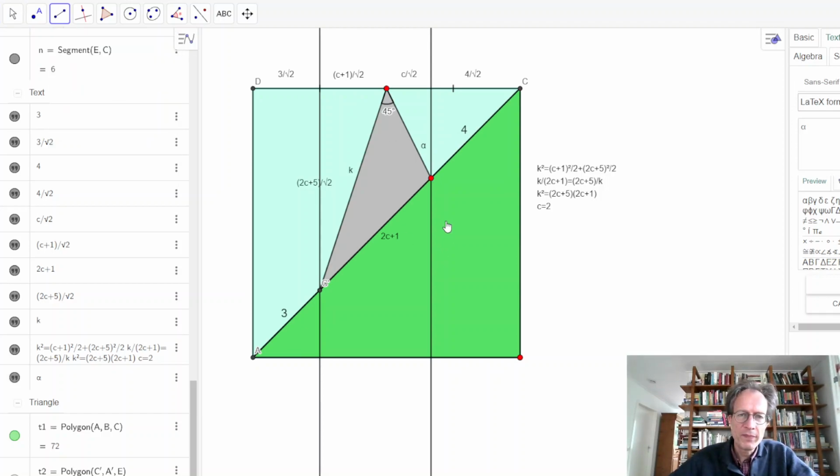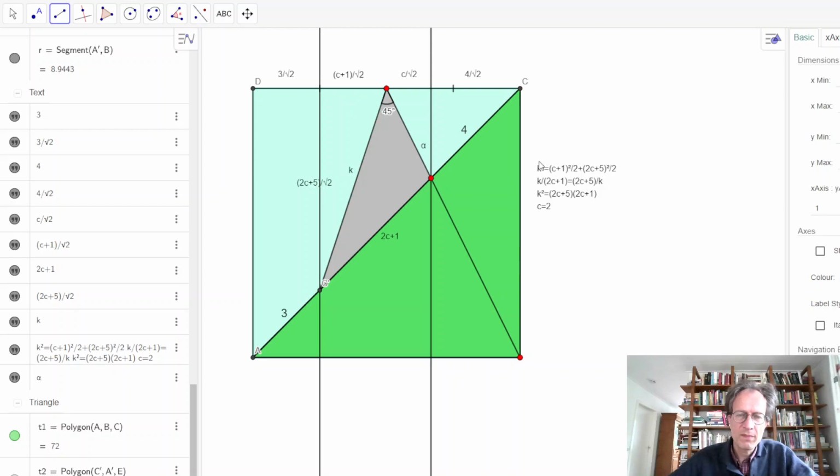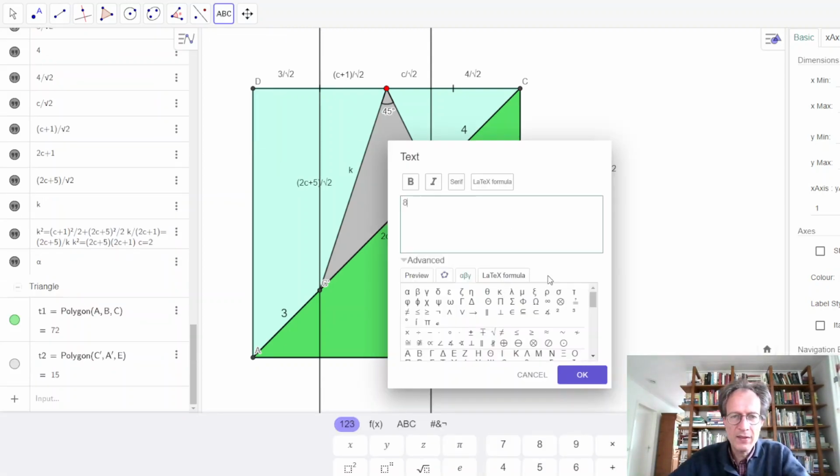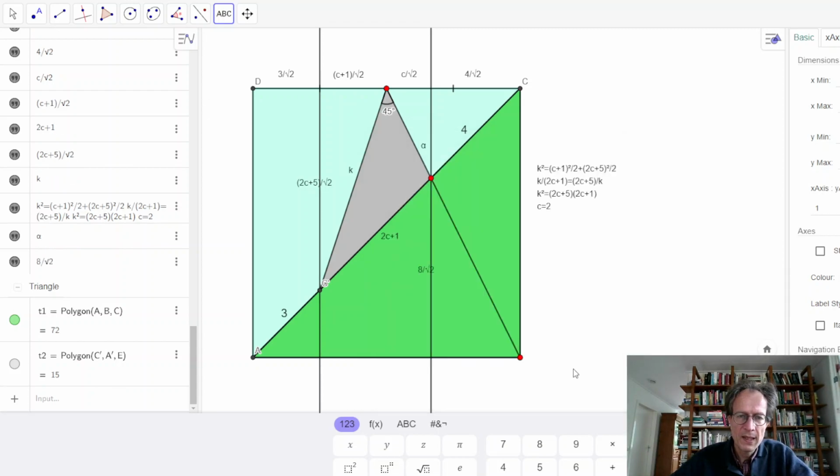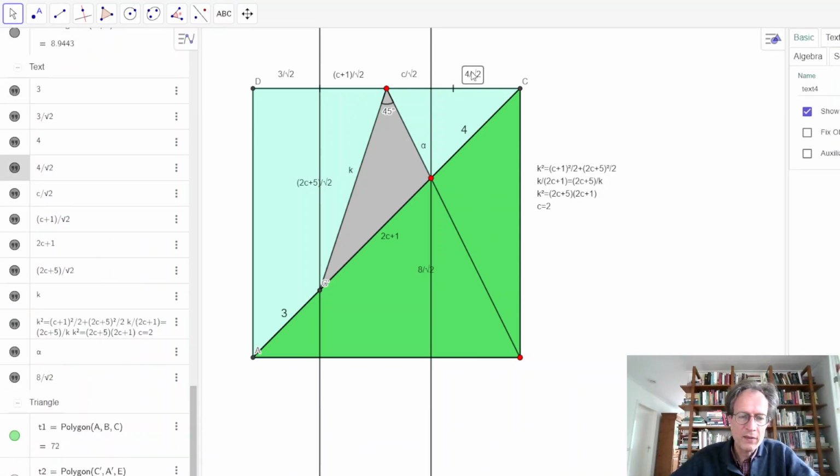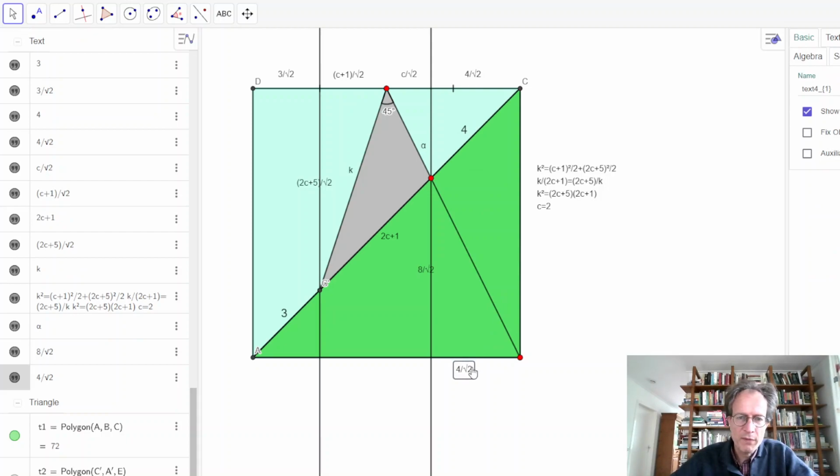But if I look at this other angle, we had 5 plus 3, this total is 8, so here we have 8 divided by square root of 2. Let's put that over here. And here we have 4 divided by square root of 2, which we already found.